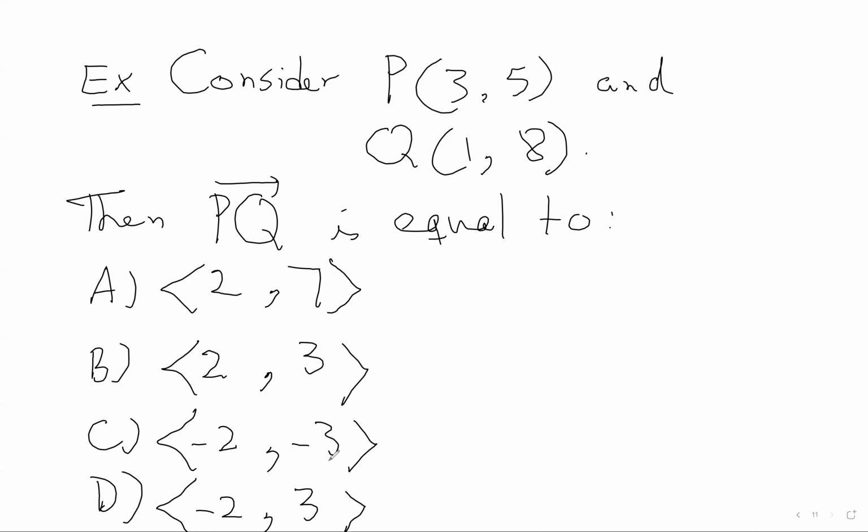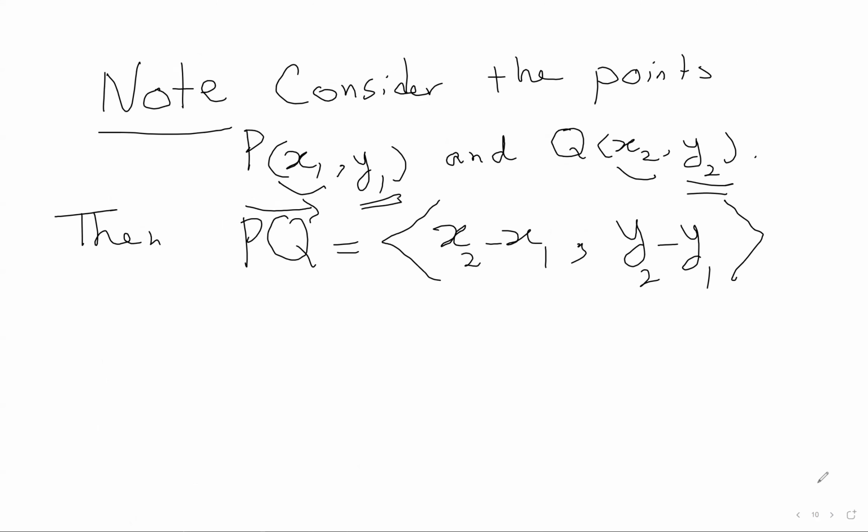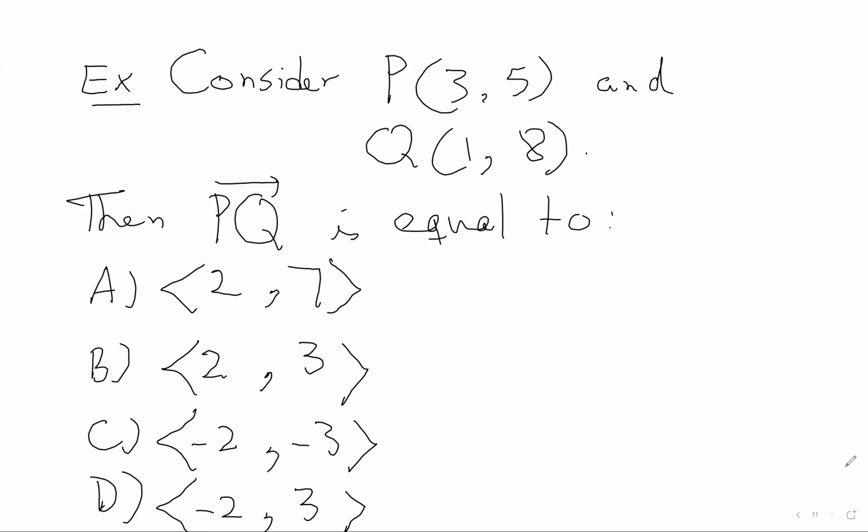To answer this, I can use this note that if the initial point is x1, y1, and the terminal point is x2, y2, the vector PQ in that notation has the first coordinate of x2 minus x1, and the second coordinate is y2 minus y1. So the first point has the coordinates x1, y1, and the second point x2, y2.